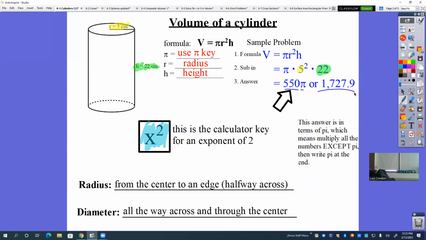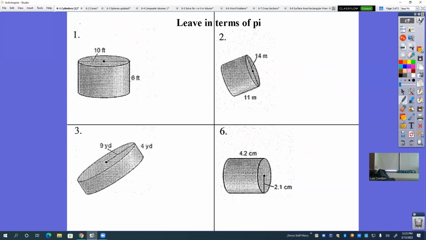All right, so let's try some of these. Again, we remember our formula, V equals pi times r squared times h. For these first 4, we're going to leave them in terms of pi. As you can see, this is a diameter because it goes all the way across the circle, and the radius only goes halfway.